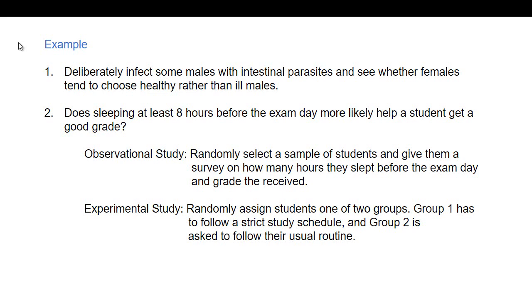They have to, let's say, sleep at least 8 hours and so on. One group must follow a prescribed schedule. The other group doesn't, and after the exam, we compare the grades of the students in the two groups.